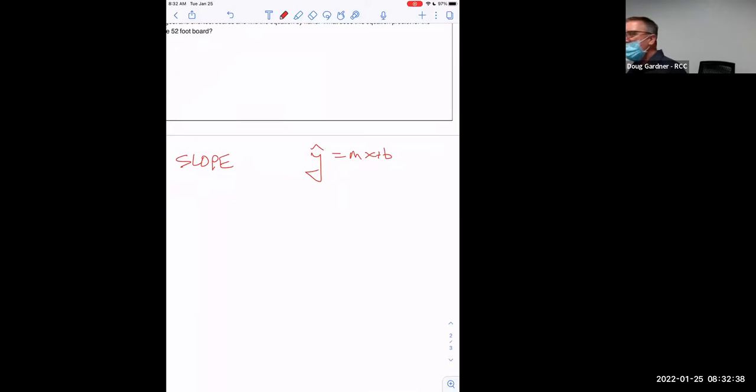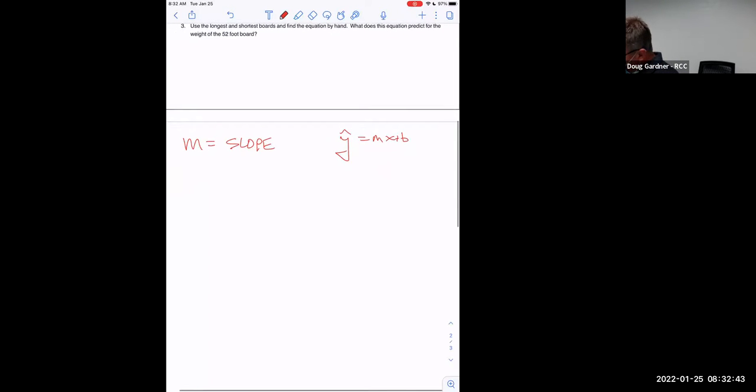In this equation of all lines look like this, that M is the slope, and the B is often called the y-intercept, which really just tells you where the graph crosses the y-axis. So let me show you in this case why knowing that number is the slope is such a neat idea.